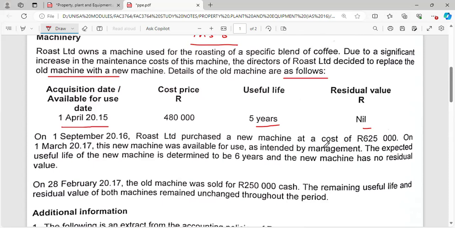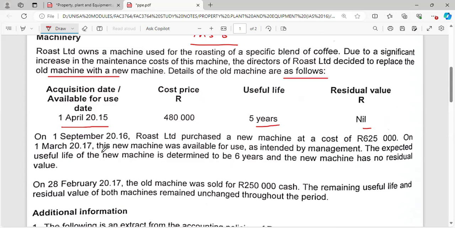Then they say on 1 September 2016, Roast Limited purchased a new machine. Right, let's start with what should we do? I think there's something that we should look at. When was this new machine derecognized? I think we should have the date when, so they say on 1 September 2016, Roast Limited purchased a new machine at a cost of 625,000.